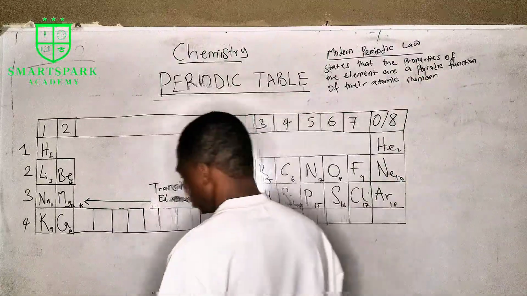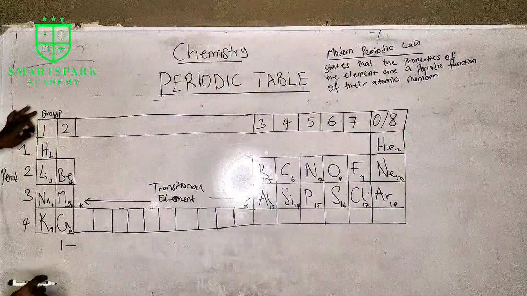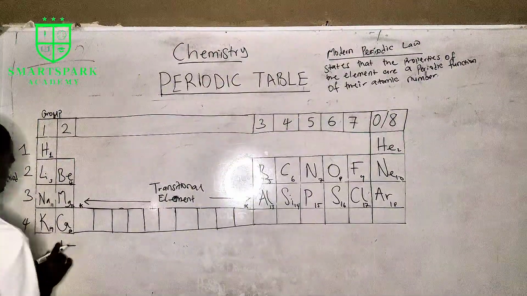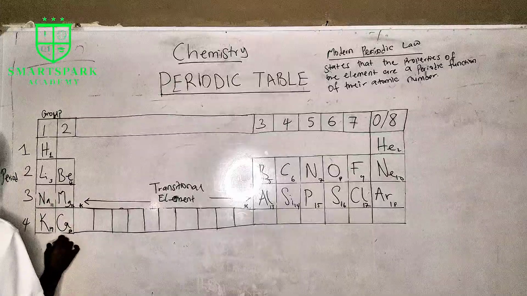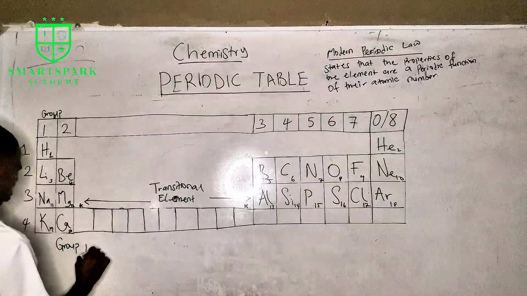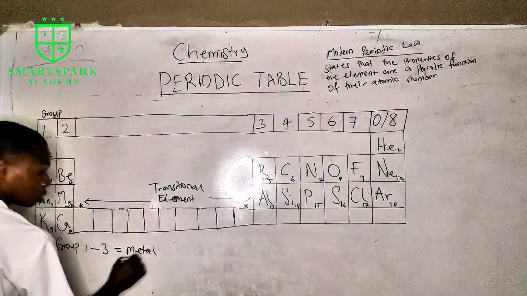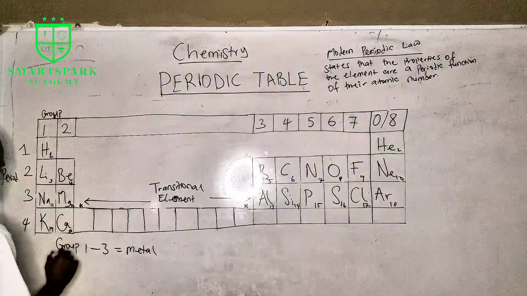Alright, that's that one. So this is group, this is period. From group 1 to 3 are metals. Not 4 here. Group 1 to 3 are metals.